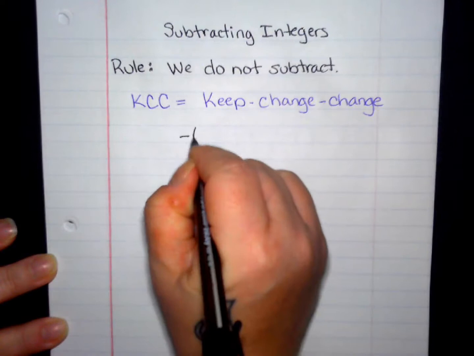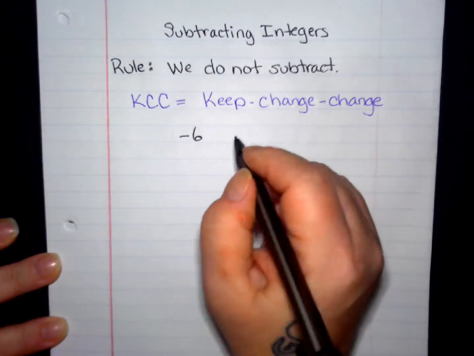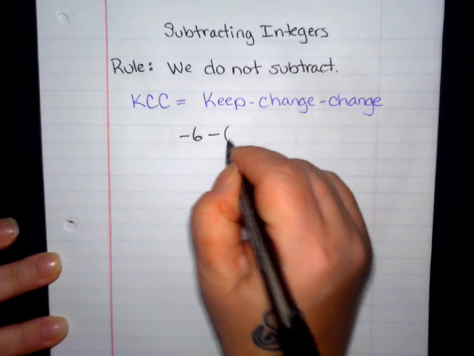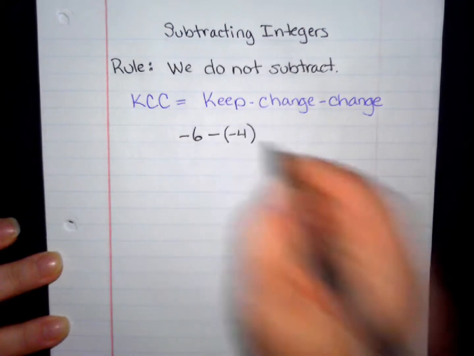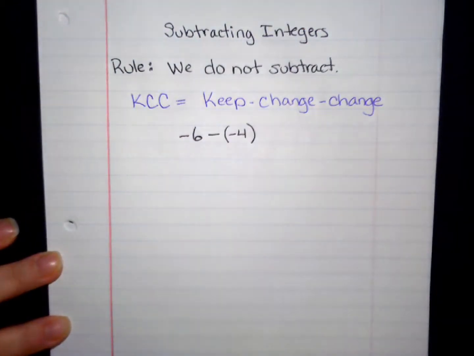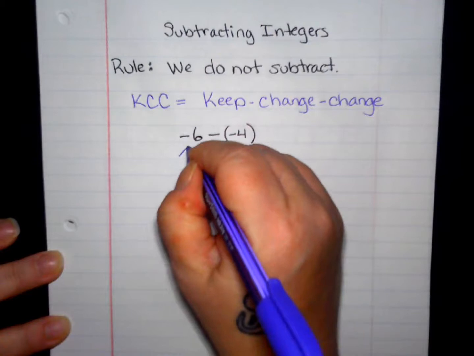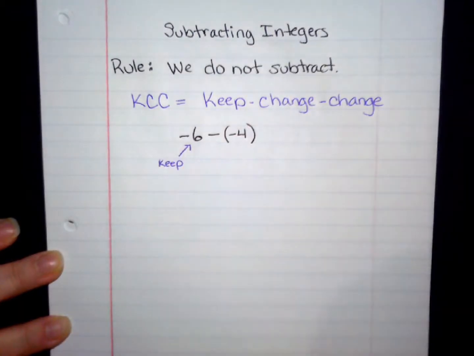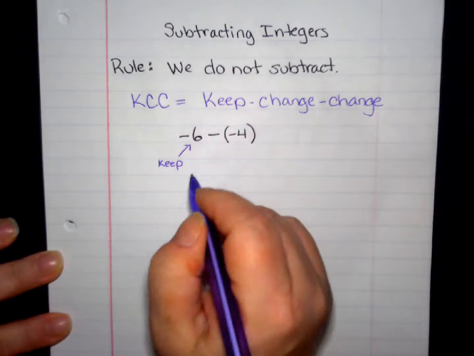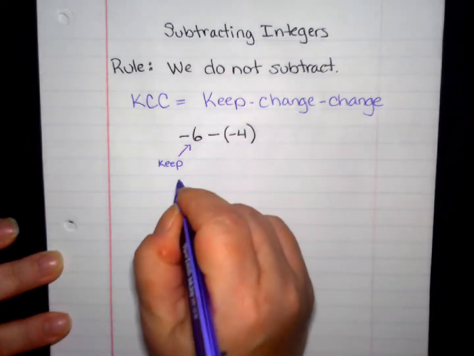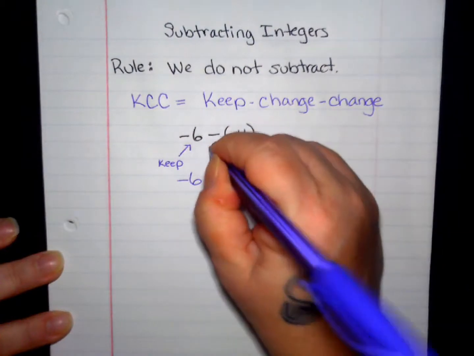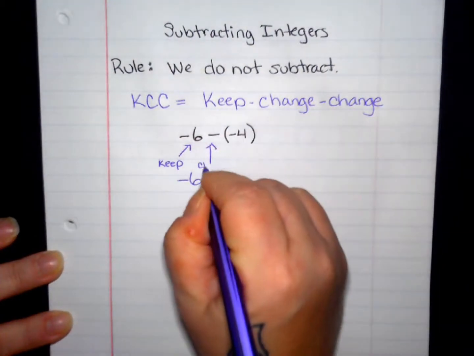So -6 minus -4. What we do is we keep the first number. So that would be -6. Then we change the sign.